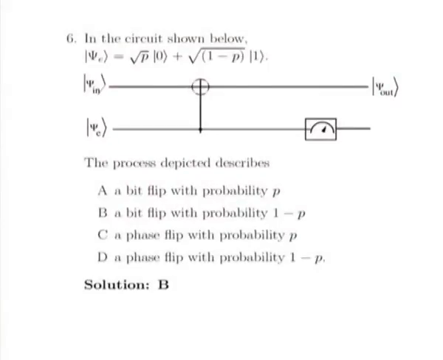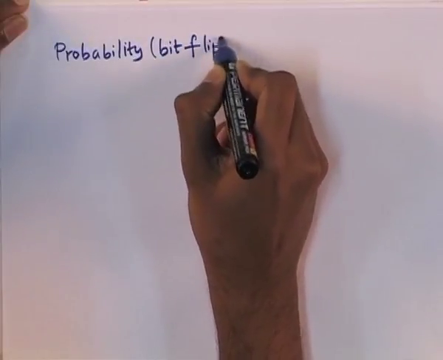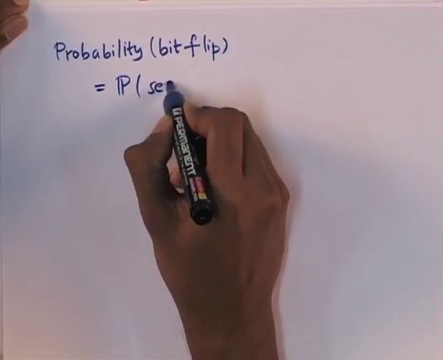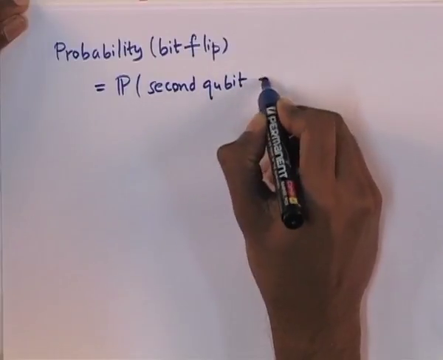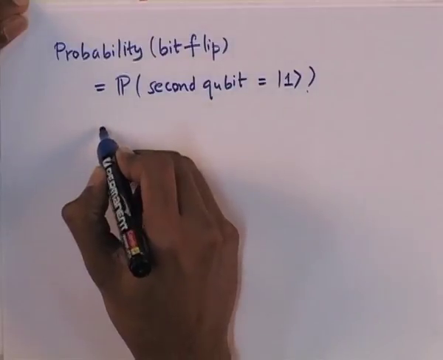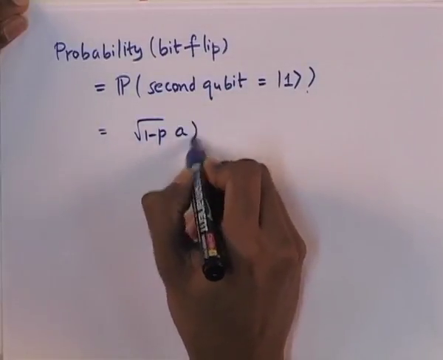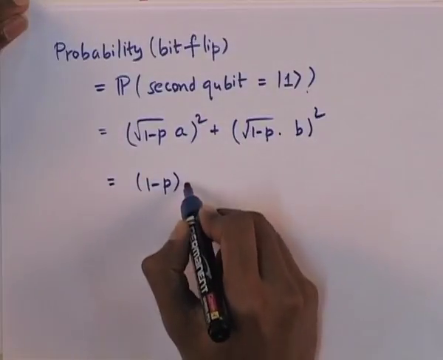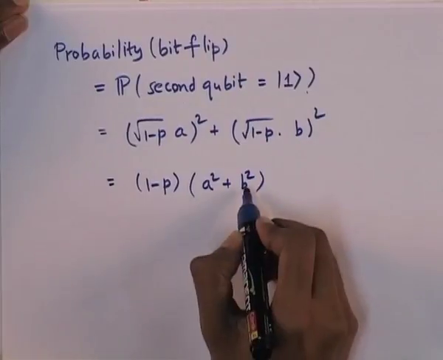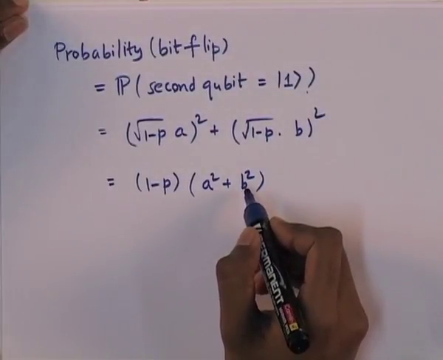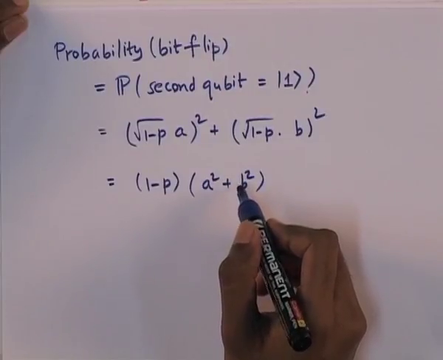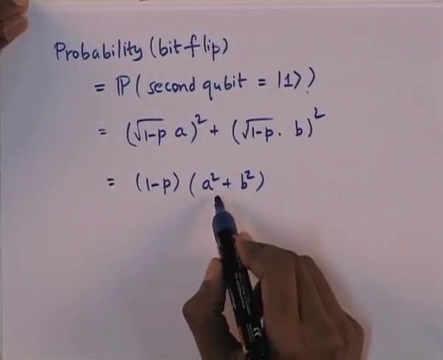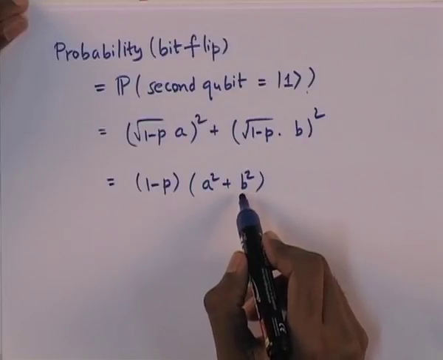So the probability of a bit flip is equal to the probability of the second qubit being equal to 1, which is root 1 minus p square times a square plus b square, that is equal to 1 minus p times a square plus b square, as a and b are coefficients of qubit 0 and qubit 1 respectively in psi in.